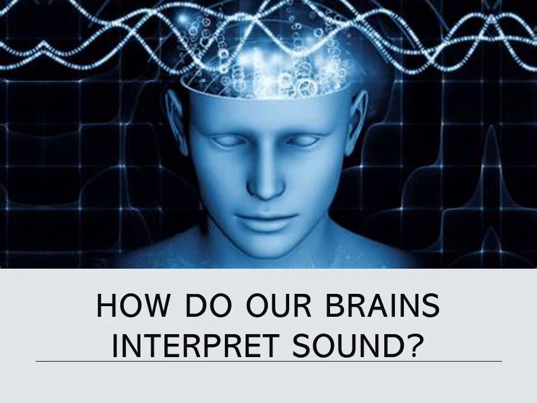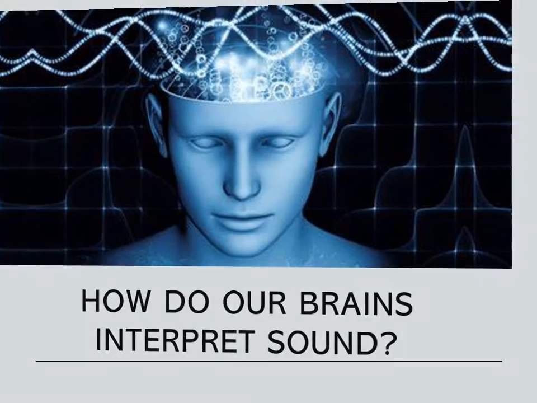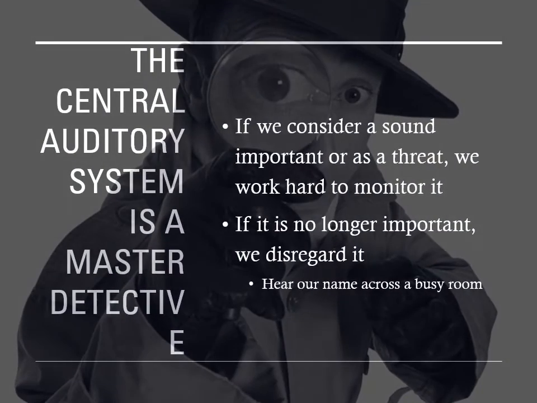So far, we've discussed how sound is collected by the ear. We're now going to think about how the brain makes sense of those sounds. The brain acts as a detective when it hears sounds for the first time.